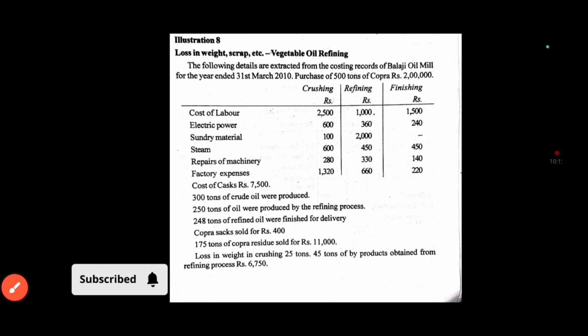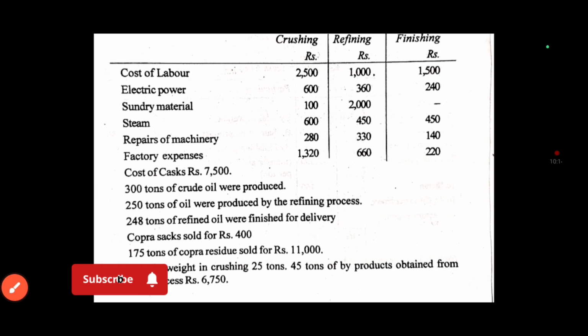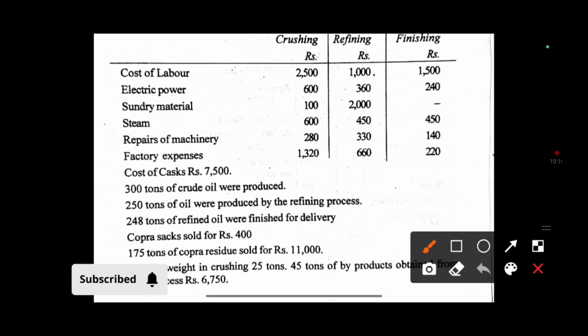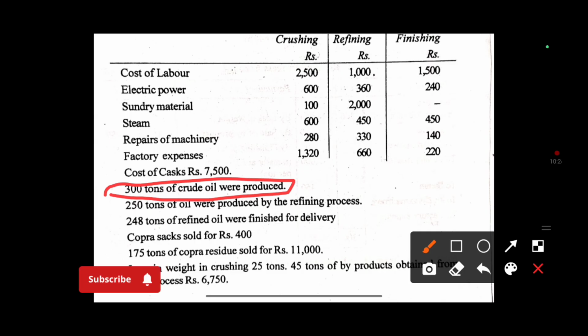Okay, let's come to the question. Look at the question carefully. Listen. 300 tons of crude oil were produced. Which account does it belong to? Crude oil belongs to the copra crushing process.